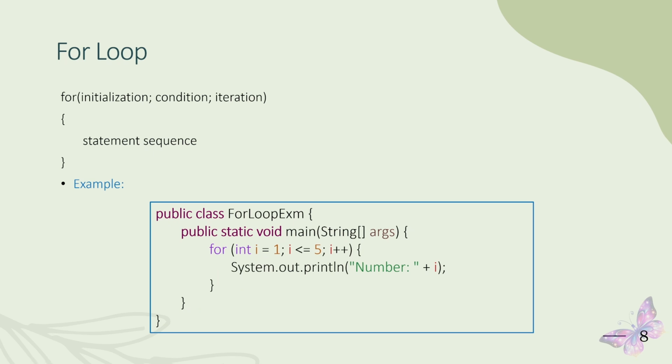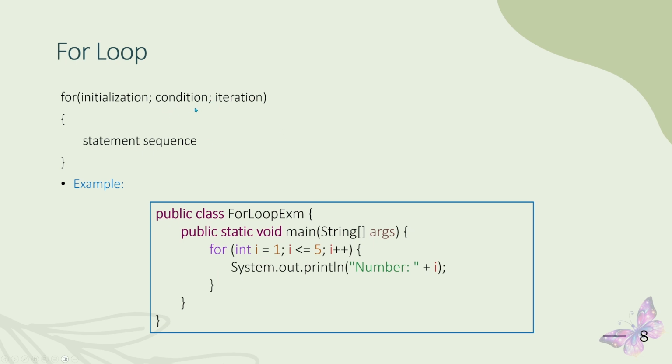So this is the loop control variable which acts as the counter that controls the loop. Now the condition here is a Boolean expression that determines whether or not the loop will repeat.